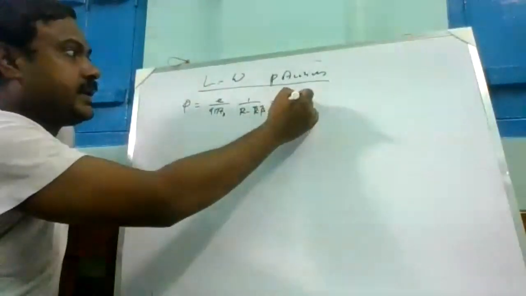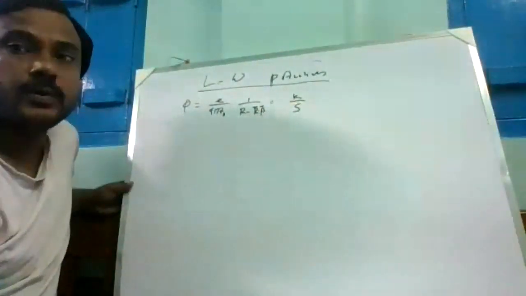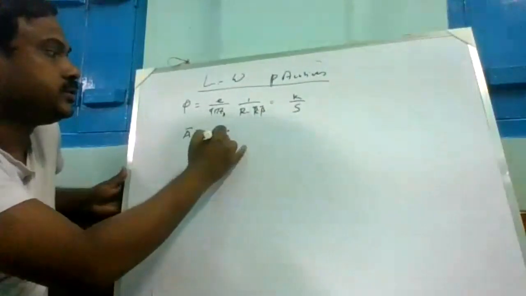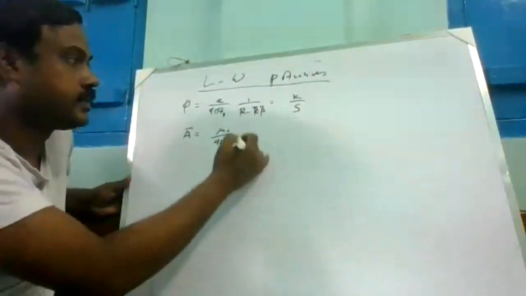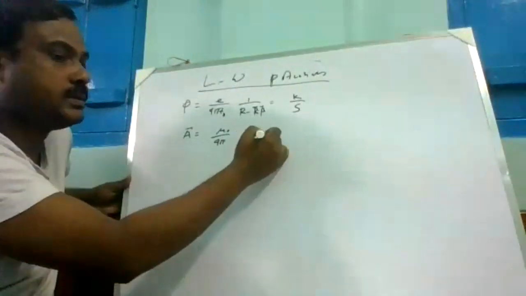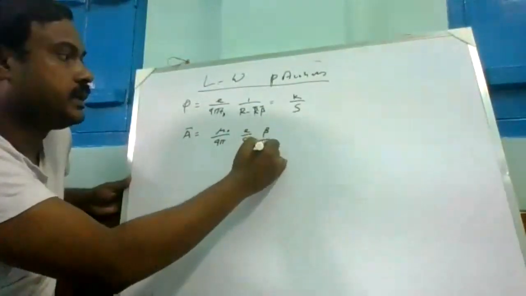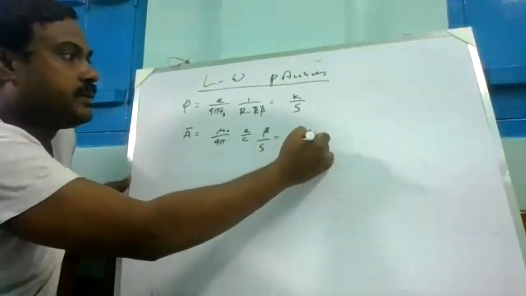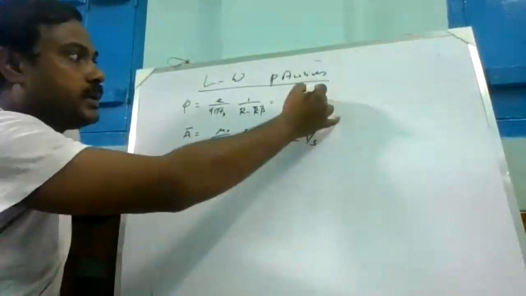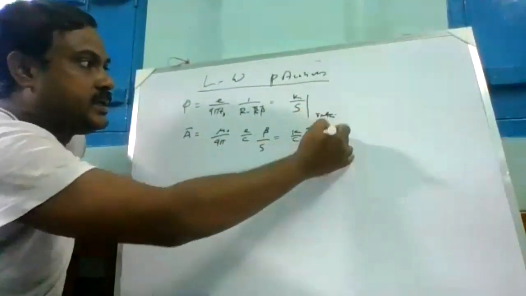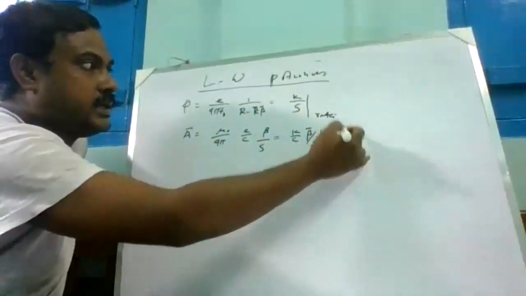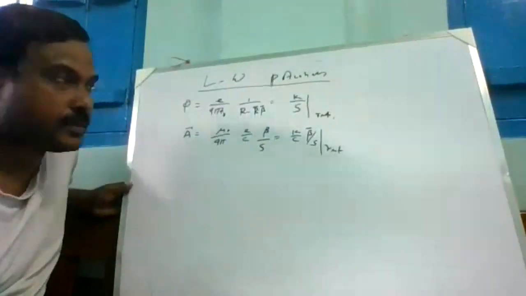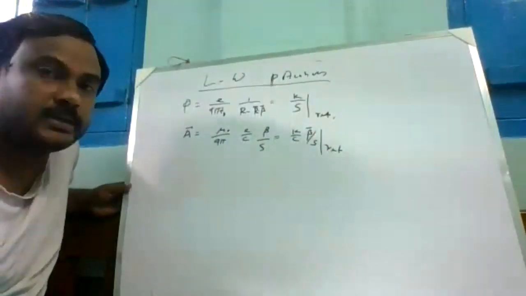We call this denominator S. A was mu 0 by 4 pi, e by c, beta by S. So that is equal to phi by c times beta by S. But this has to be evaluated at retarded time. These two things have to be evaluated at retarded time.